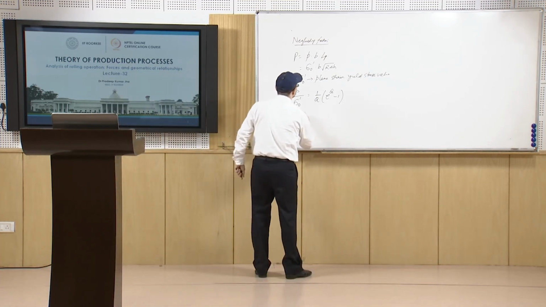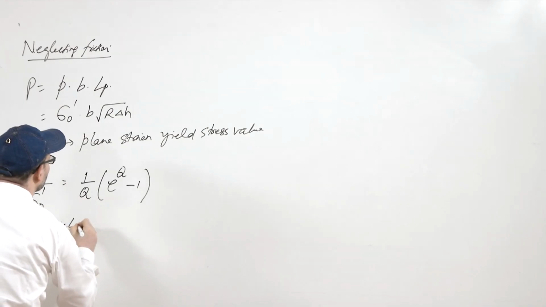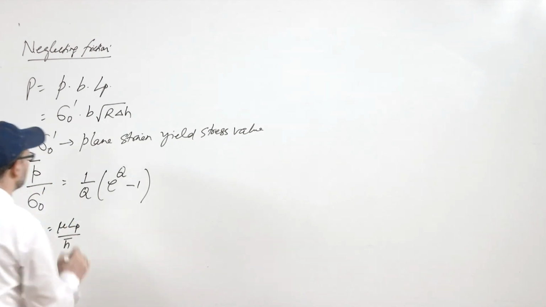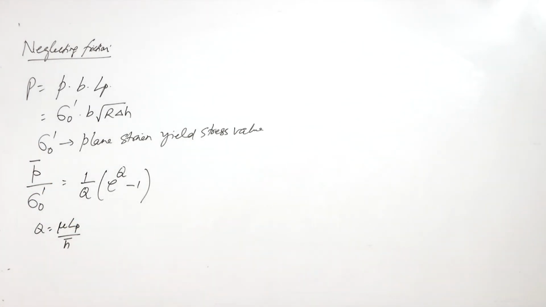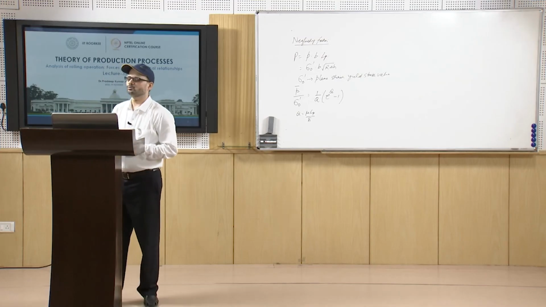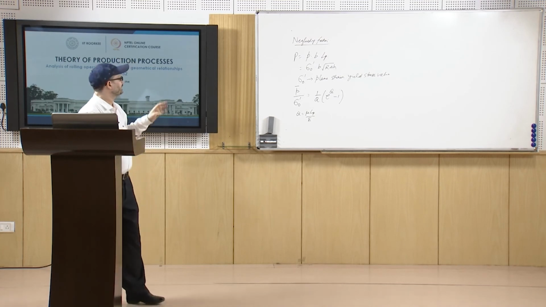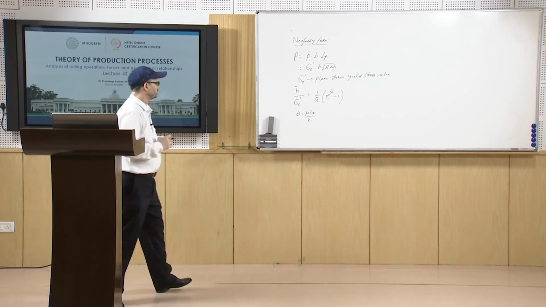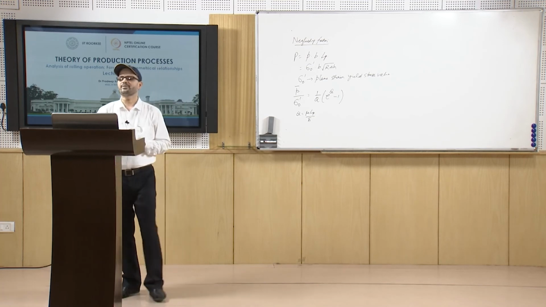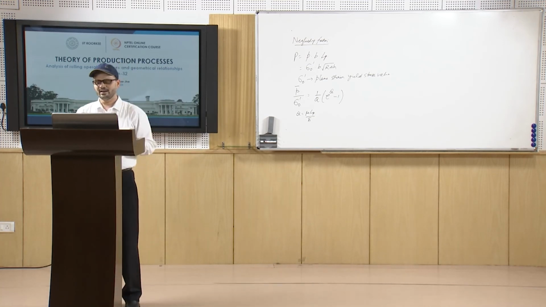So q is mu LP divided by H bar. H bar is the mean thickness between entry and exit, and LP, as you know, is the contact length, and mu is the friction coefficient.